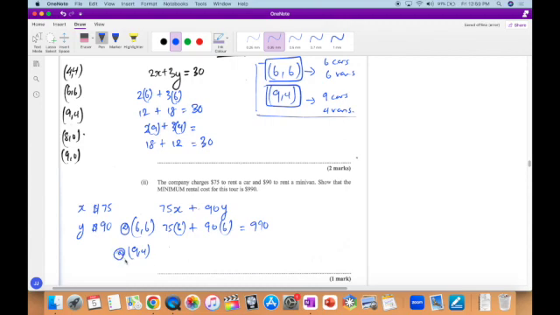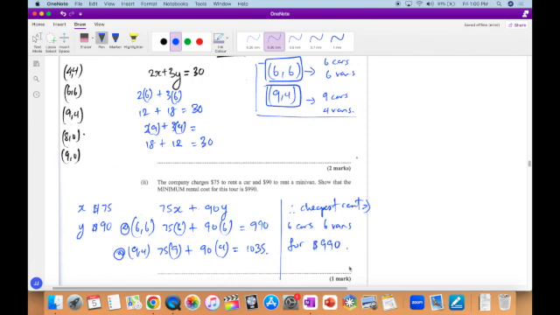At 9-4, we have 75 times 9 plus 90 times 4, which gives us 1,035. So therefore, the cheapest rent is 6 cars, 6 vans for $990.